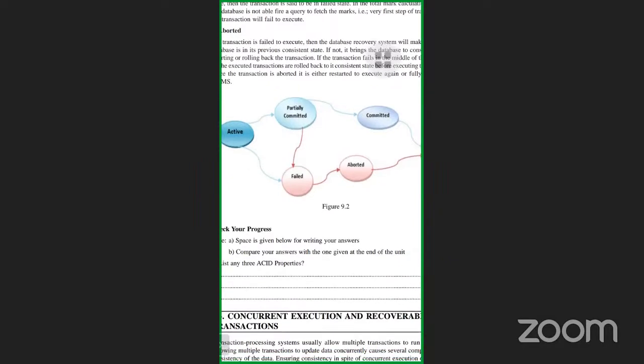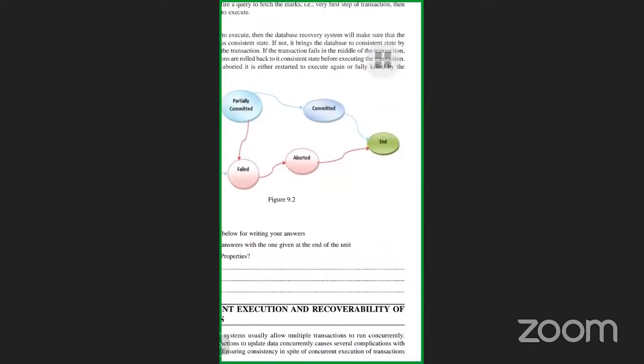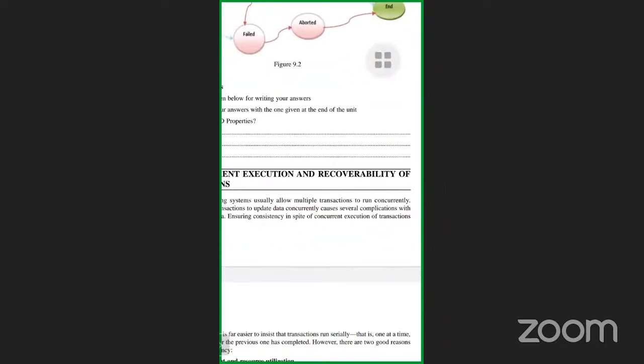In the diagram, see how many stages we have. One way is active, partially committed, committed. The second way is active, then failed, then aborted, and finally the transaction ends. These are the steps, or you can say the stages, of transactions. Very simple to understand. In our daily life we do all these transactions.